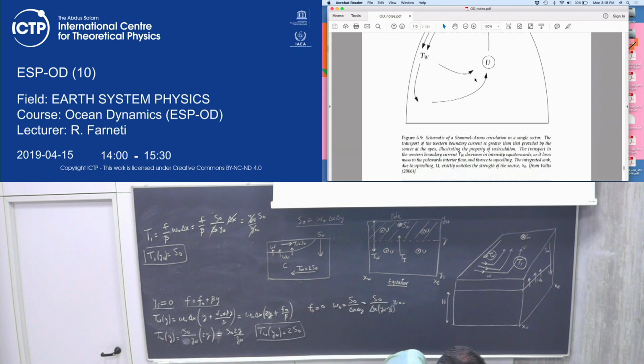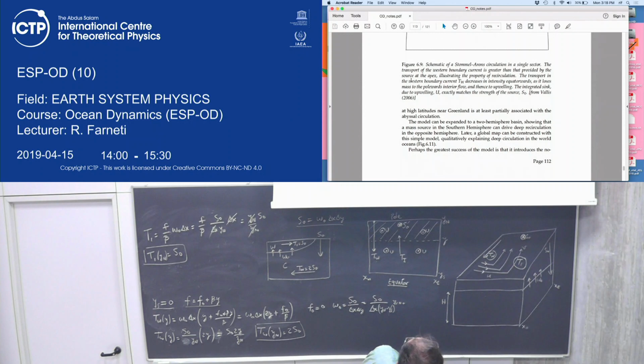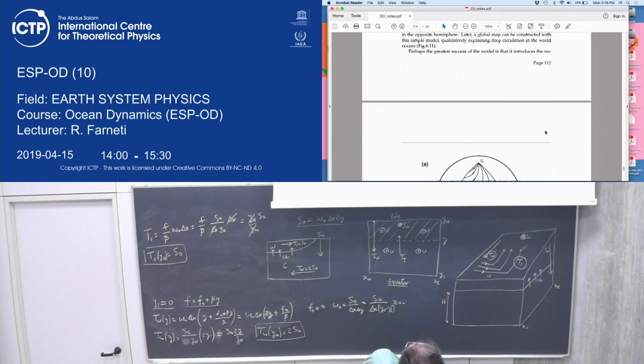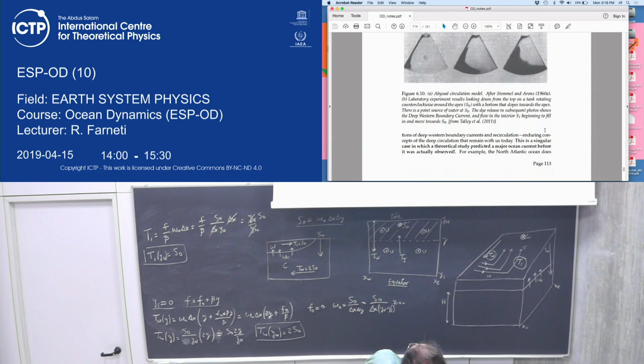So this very simple theory, or this very simple model, introduces the notion of a deep western boundary current. Okay, this western boundary transport is a deep western boundary current.